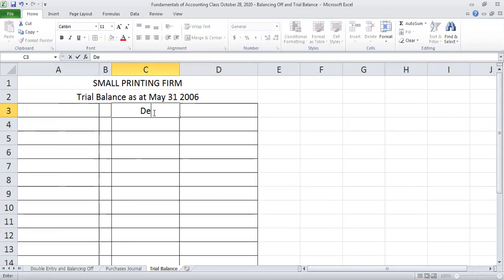So we're going to have debit, for short DR, and credit, for short CR. Your dollar signs as well.